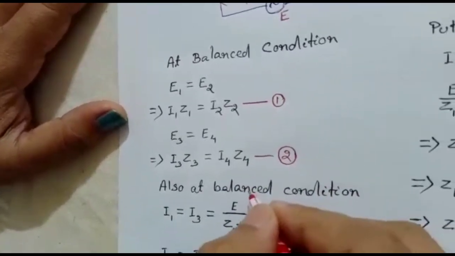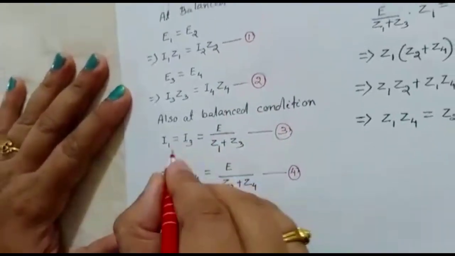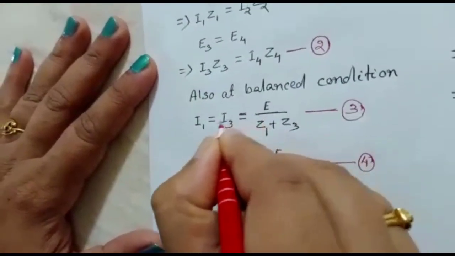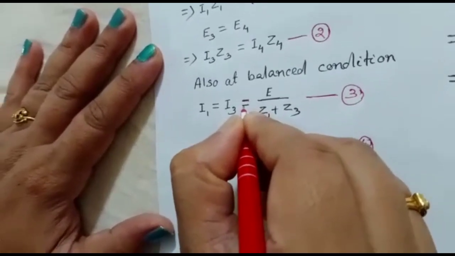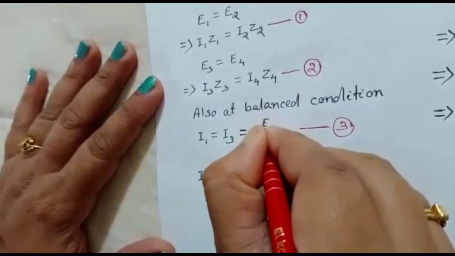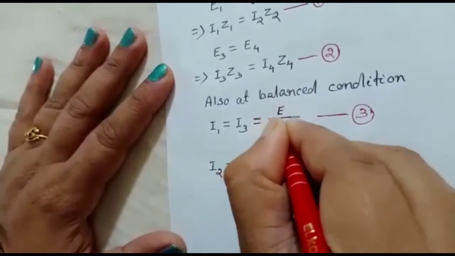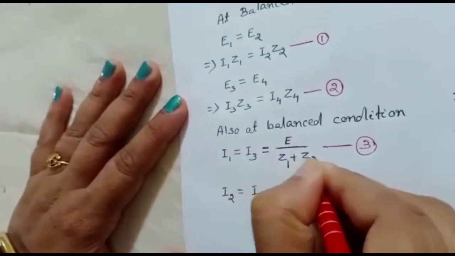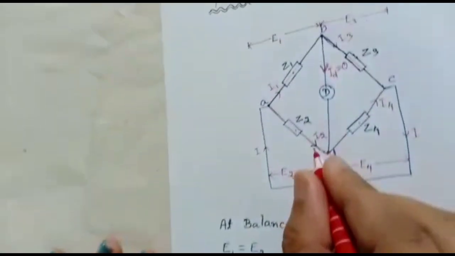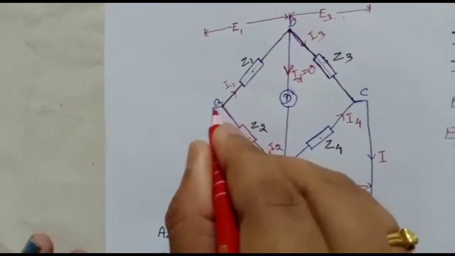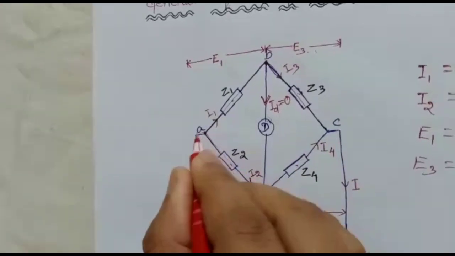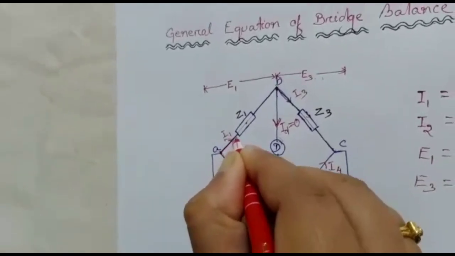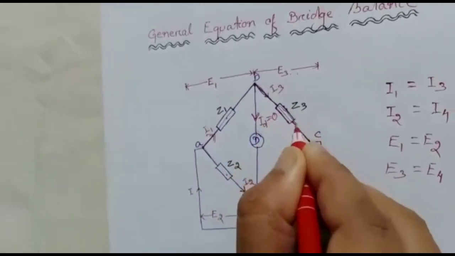Also at balance condition, we have studied that I1 is equal to I3. So the value of I1 or I3 must be equal to how much? The entire circuit voltage E upon its respective impedance, that is Z1 plus Z3. We can see in the circuit diagram, this is the supply voltage, point A to C, the voltage is E, and the current I1 flows through both Z1 and Z3.